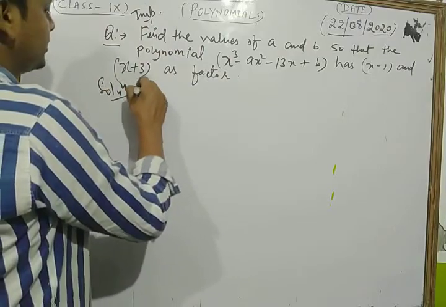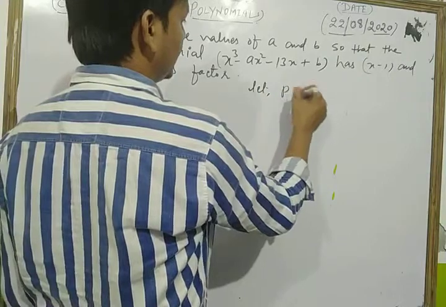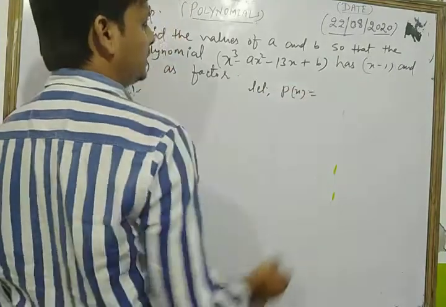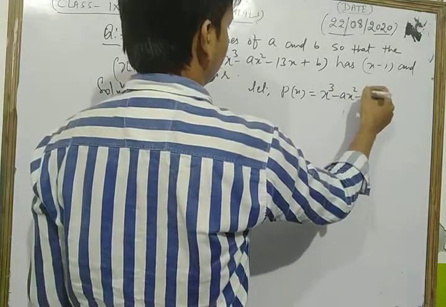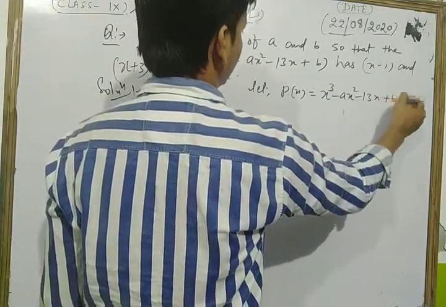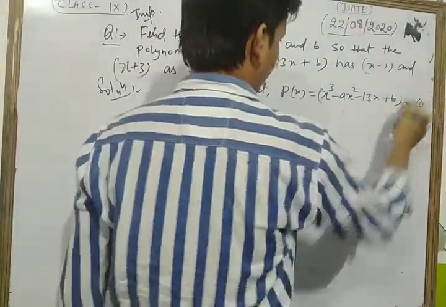First of all, dear students, let the given polynomial be p of x. p of x is equal to x cube minus ax square minus 13x plus b. Take this as equation number 1.